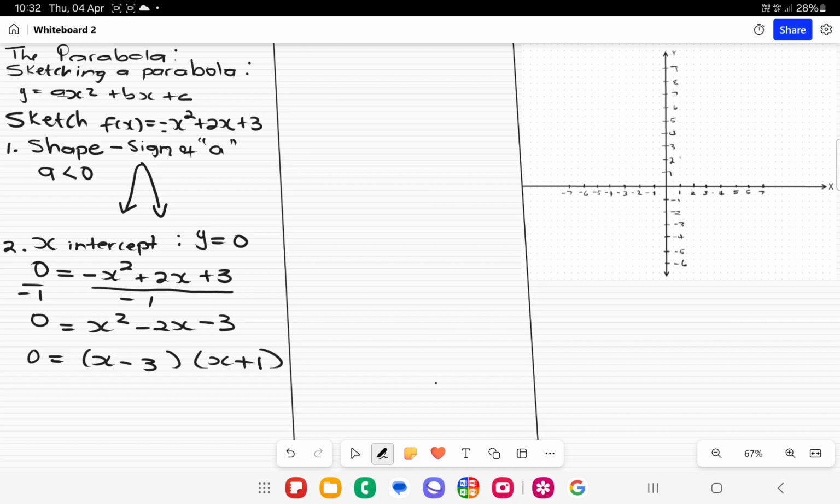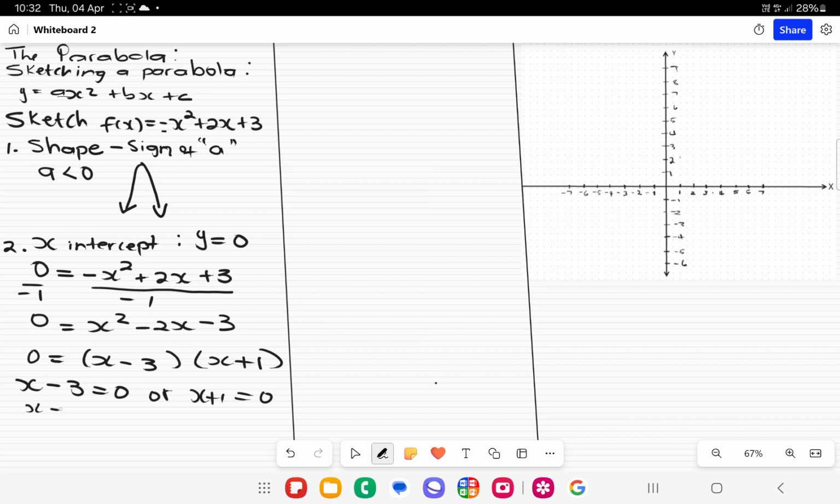If you have problems with factorization, please go back to the videos I have on factorizing a trinomial. That will help. If that's the case, then for my expression to be 0, x minus 3 must equal 0, or x plus 1 must equal 0.